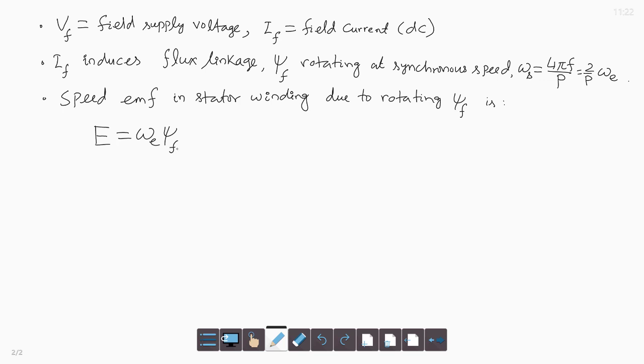Omega e is 2 pi f and psi f is field flux linkage. This E is the speed EMF and it is also called excitation EMF.